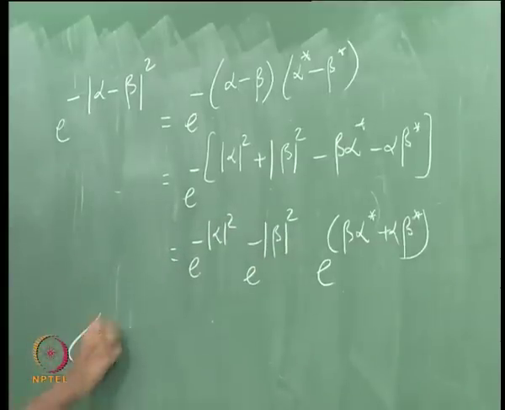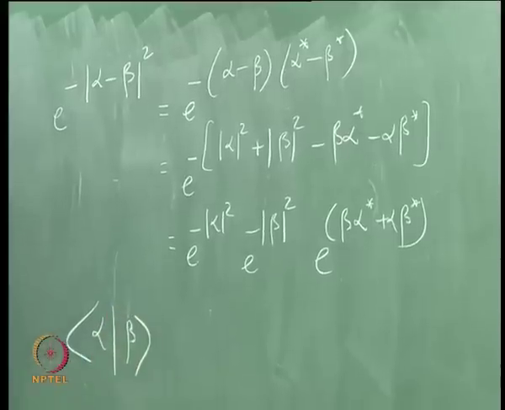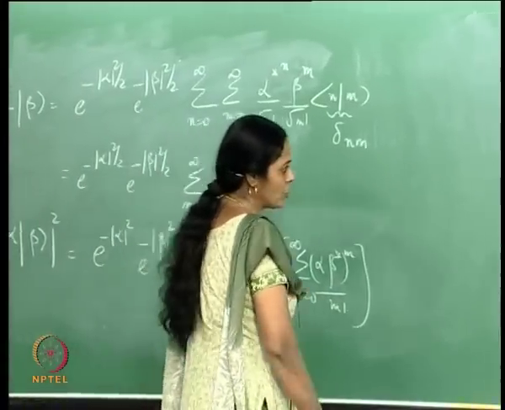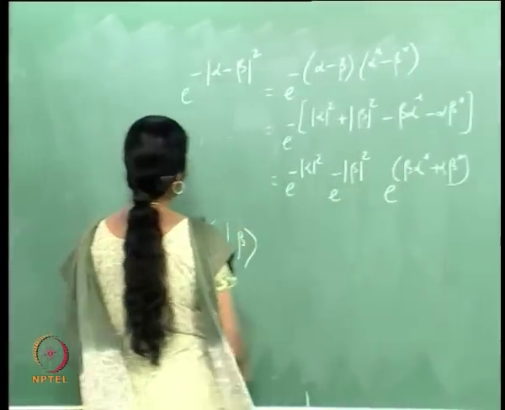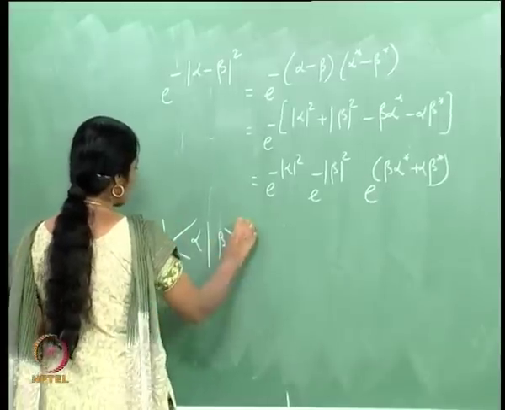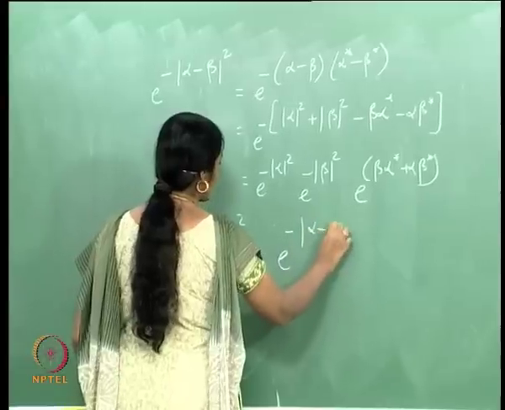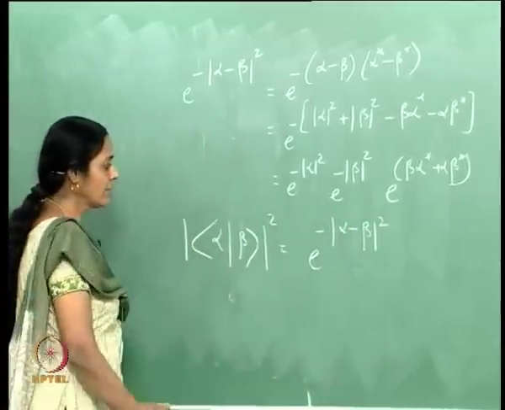And therefore, it is easy to verify that this double summation, summation over n, summation over m, is precisely this. Therefore, modulus of the inner product of alpha with beta, the whole squared, is e to the minus modulus of alpha minus beta the whole squared.